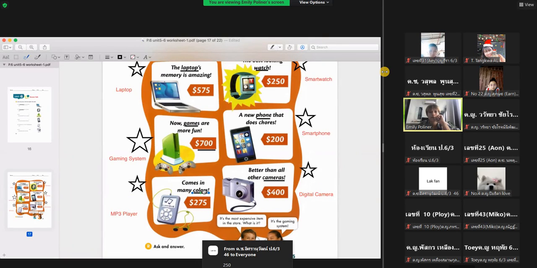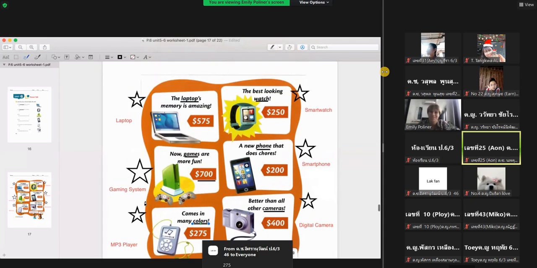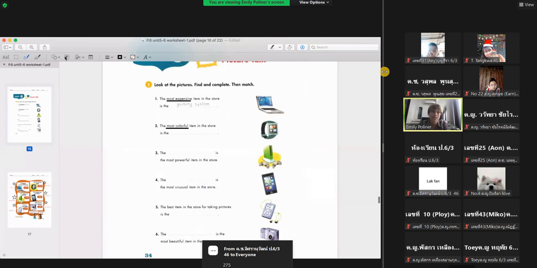Right here, look. Comes in many colors. Which item comes in many colors? MP3 player. Very good. The MP3 player. So that's what we're going to put here. MP3 player. Okay? Nice work.